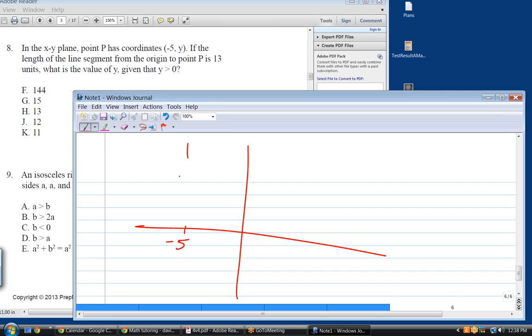It's somewhere on this vertical line. We don't know where. We'll just make a point right there, P. It could be above the x-axis. It could be below the x-axis. If the length of the line segment from the origin to point P is 13, what is the value of y if y is greater than 0?